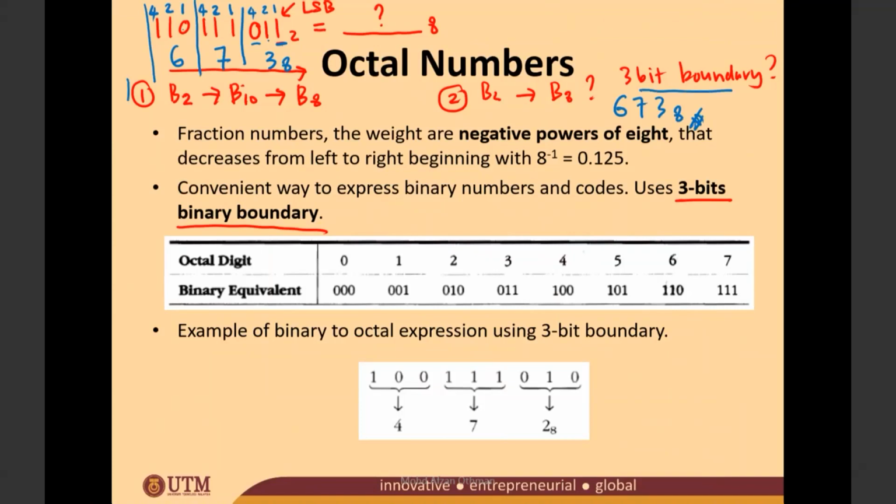Okay, kalau kamu guna cara satu ni pun kamu akan dapat jawapan yang sama, tapi dia punya makan masa yang lama. There is a longest way lah to do it. Okay, so better, okay, we get a 3-bit boundary. After that, dapatkan dia punya weightage.